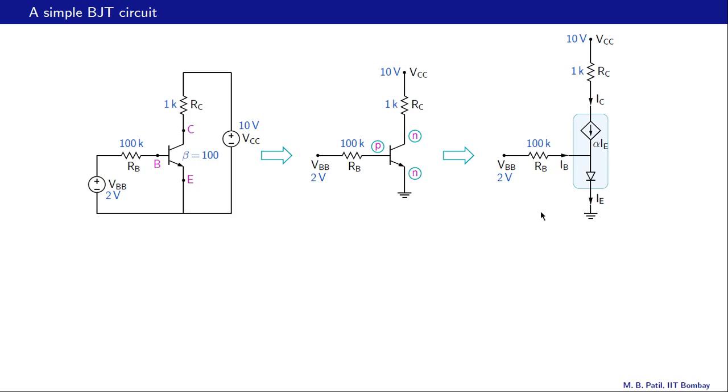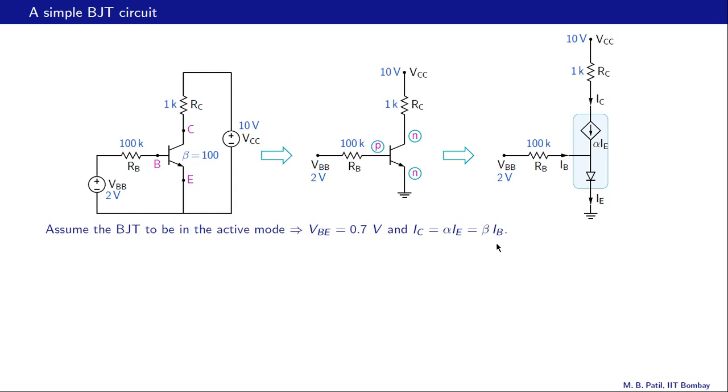Let us see how to do that. Since the BJT is assumed to be in the active mode, this diode is forward biased, and the voltage drop between B and E is VBE equal to 0.7 volts. And in the active mode we can also say that IC is alpha times IE, and that is the same as beta times IB, as we have shown earlier.